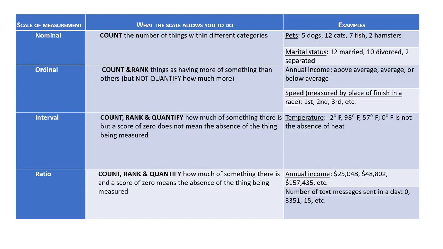Now this is considered an interval scale of measurement because 0 degrees Fahrenheit is not the absence of heat. You can have negative numbers on the Fahrenheit scale. That's what makes this interval. Ratio is where 0 is the lowest score you can have.